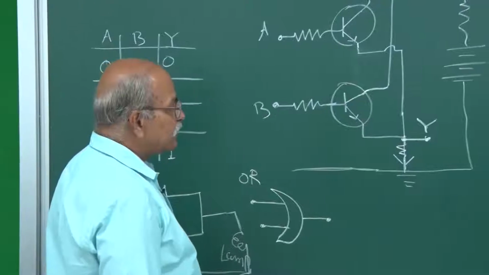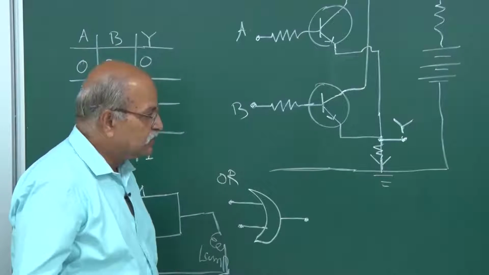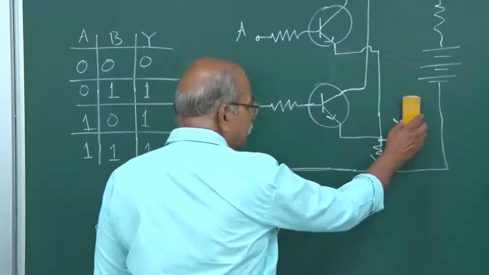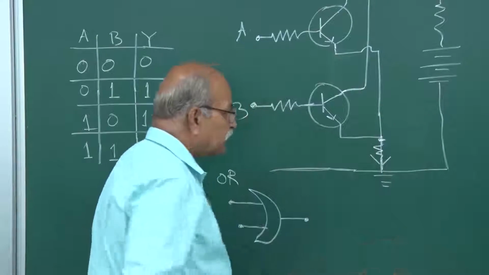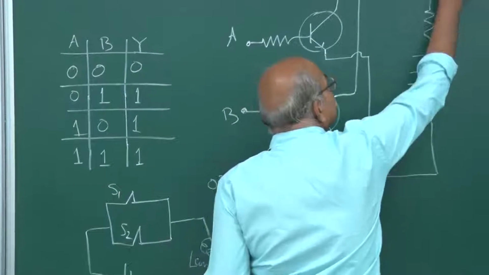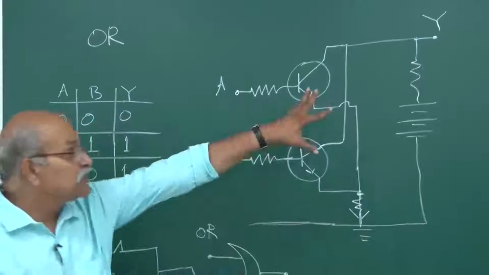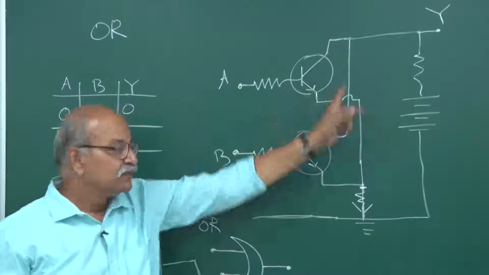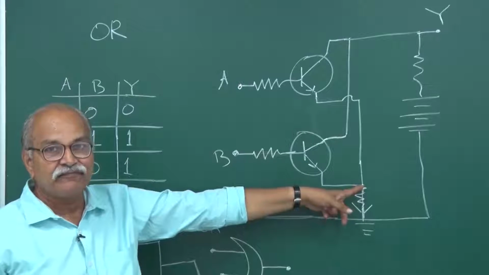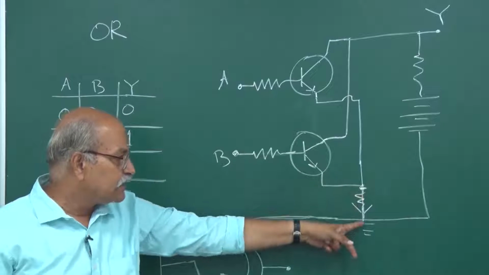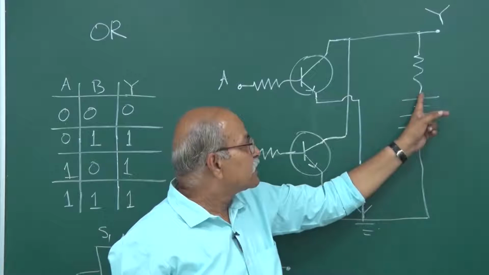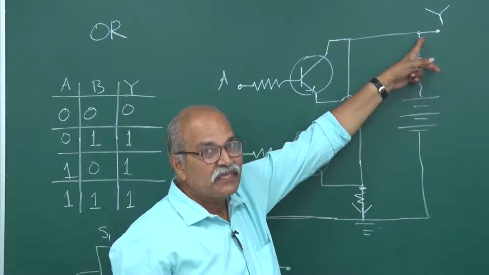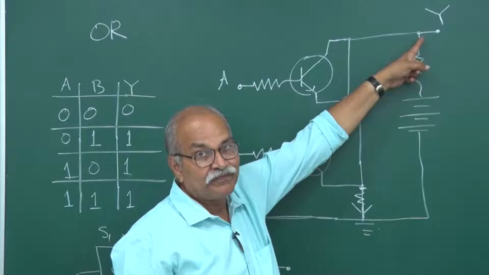Now in the same circuit, if you take output not from here but from here, if this is Y, what happens? Just the opposite of it. Whenever there is a current, this potential is high because there is a current, but since the current is this way, this potential is low.